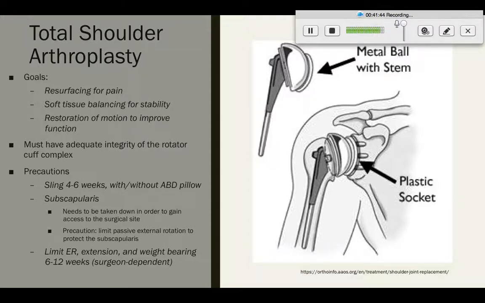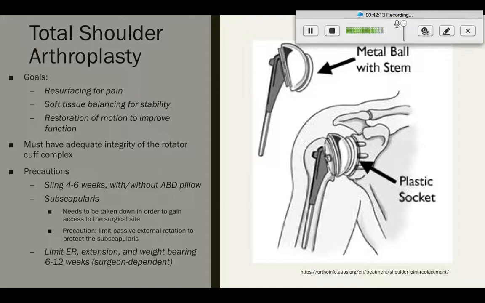Because of that, we typically have to limit passive external rotation in order to protect the subscapularis, because they commonly repair it when they're closing. So we limit external rotation. We also limit extension so that we're not placing excessive tension through that anterior portion of the shoulder, and also weight bearing through the shoulder from 6 to 12 weeks depending on the surgeon.